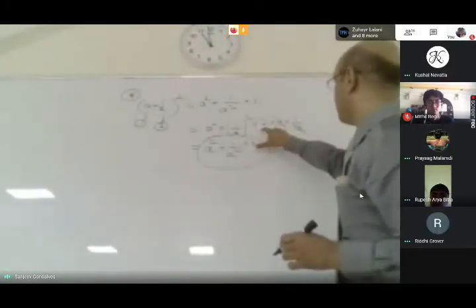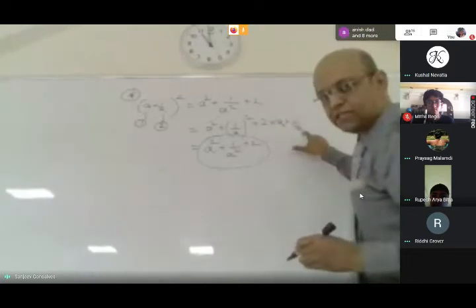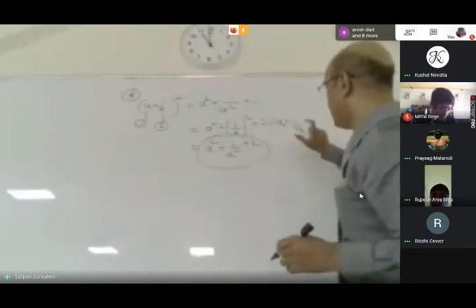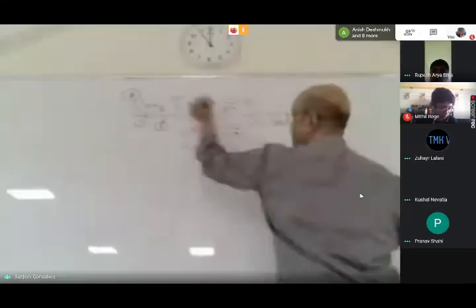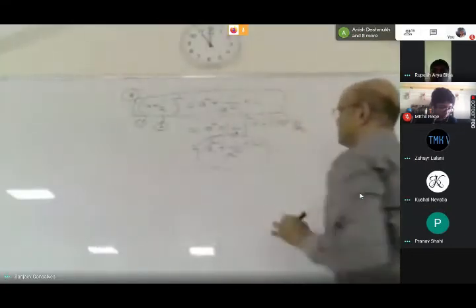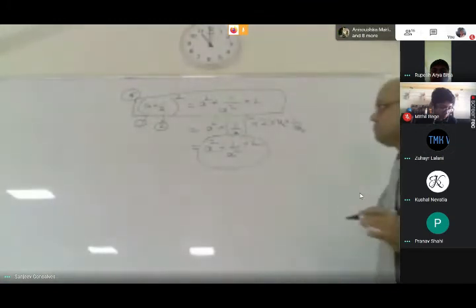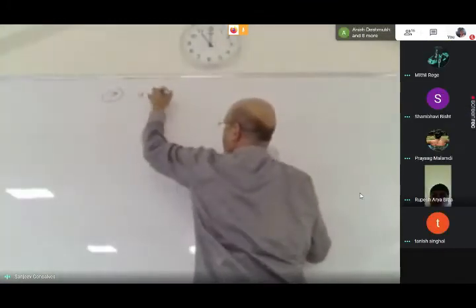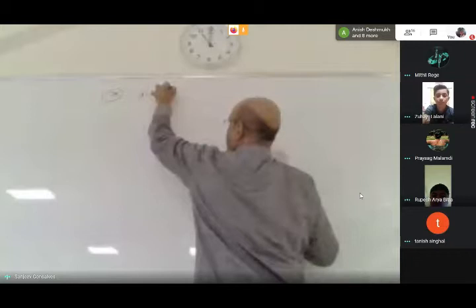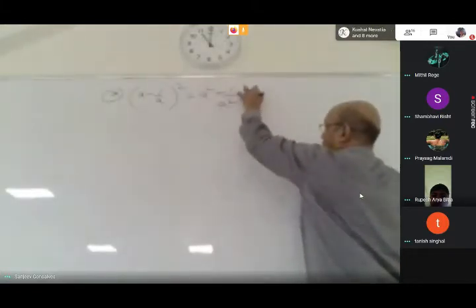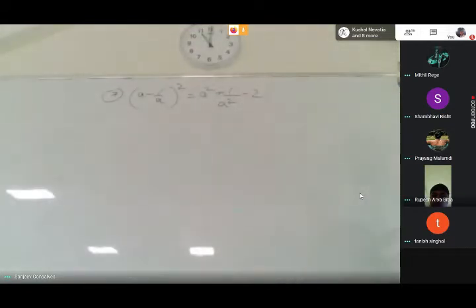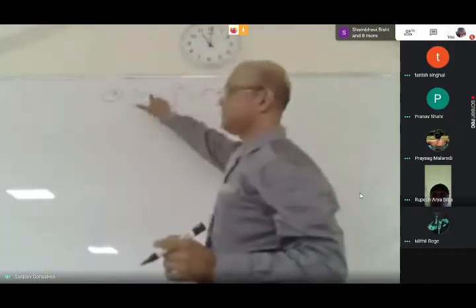Now first we will write this formula: (a minus 1 upon a) whole square is equal to a square plus 1 upon a square minus 2.